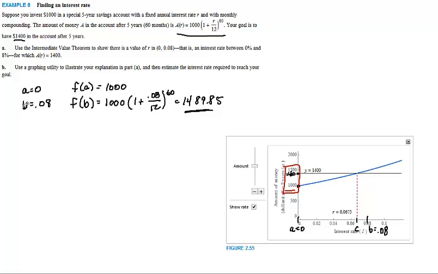So the intermediate value theorem, first off, I have to state that this function is a continuous function.